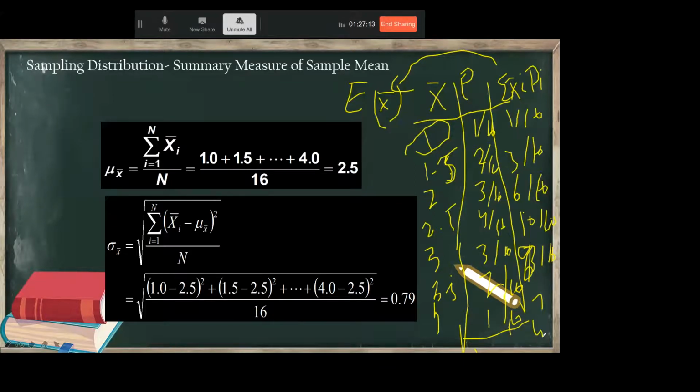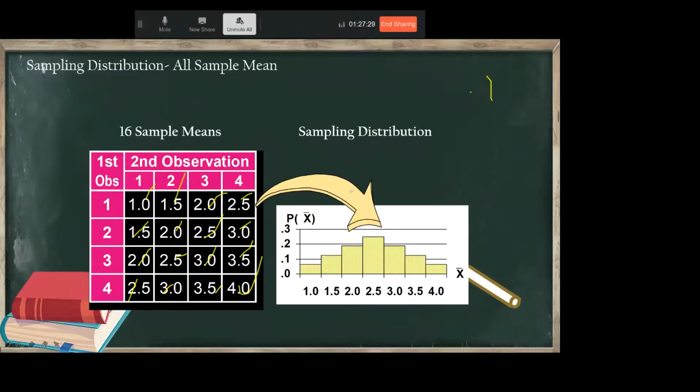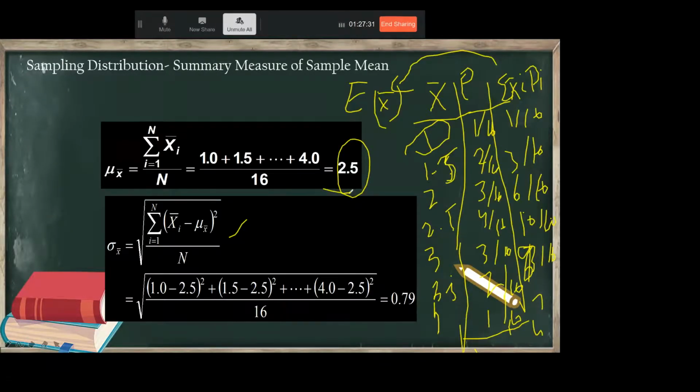Now when we come to the standard deviation, we use the same formula with x bar. You subtract 2.5 from each value in this distribution: 1 minus 2.5, 1.5 minus 2.5, and so on, then square and divide by n. So 1 minus 2.5 squared plus 1.5 minus 2.5 squared plus so on, up to 16 terms, and you will get 0.79.